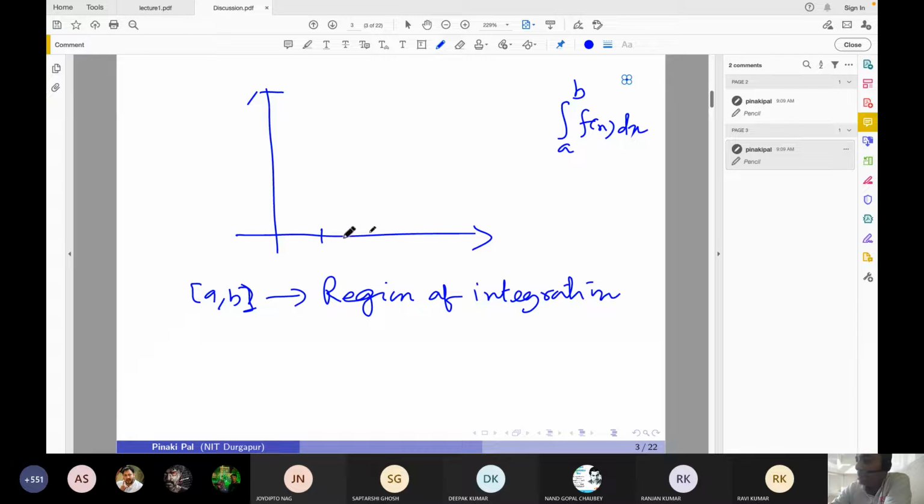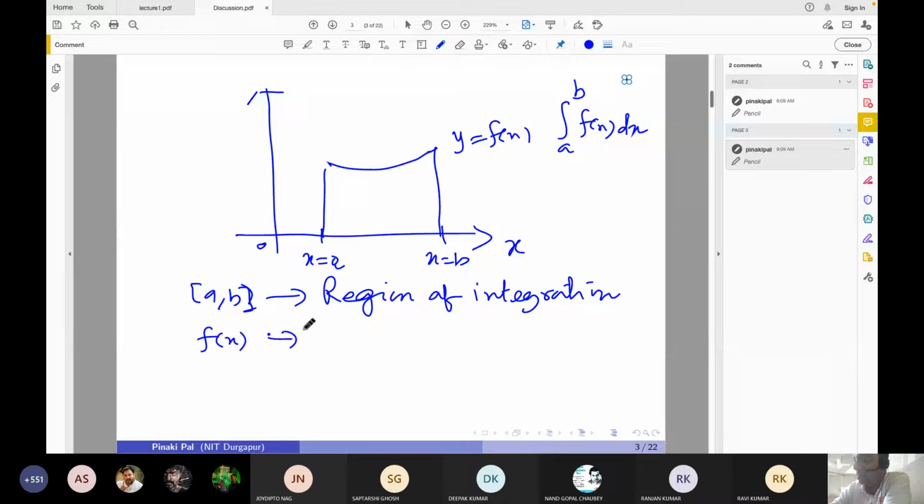Let us suppose this is our A and B, x is equal to A and x is equal to B, and the graph of the function f(x) is something like this. This is y equal to f(x), and we have a function which is defined in the region AB.